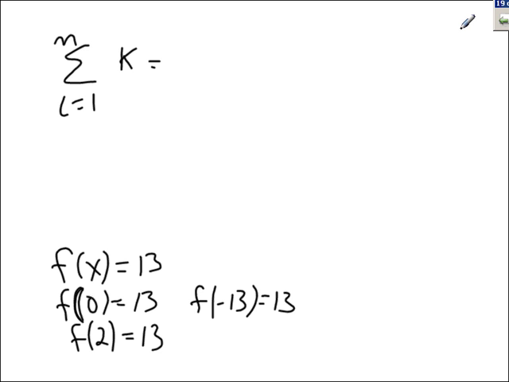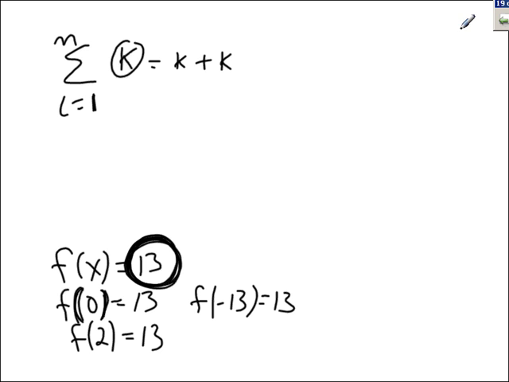Whatever number I put in between the brackets, on the right hand side I replace x with that number. This doesn't care about x. It's called a constant. Constant means it doesn't change. It's always 13.